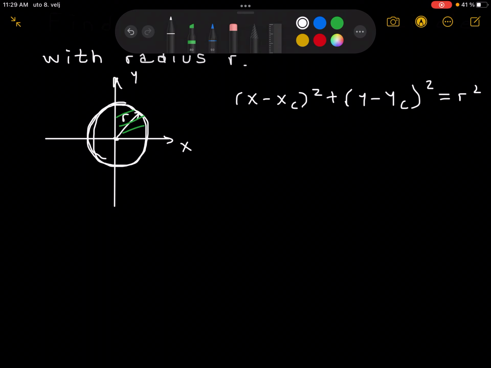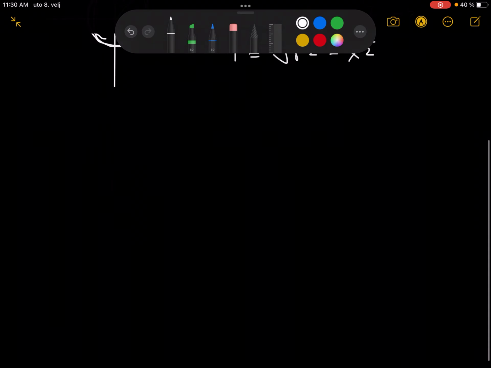Since we've set this circle up in such a manner that its center is at point 0, 0, we get that its formula is x squared plus y squared is equal to r squared. And from here, we get that y is equal to the square root of r squared minus x squared.